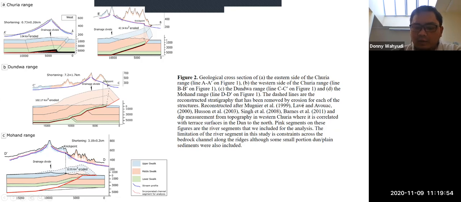And oh yeah, if we count the shortening amount from west to East Churia to Dundua Range and Mohan Range, we can see that the shortening in Western Churia Range has the lowest shortening, and it increased to the East Churia Range, and the Dundua Range on the other hand has the highest shortening from all of these ranges.